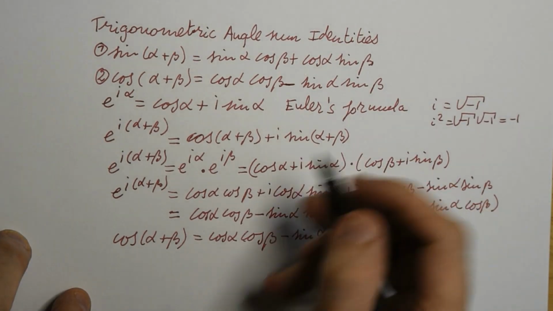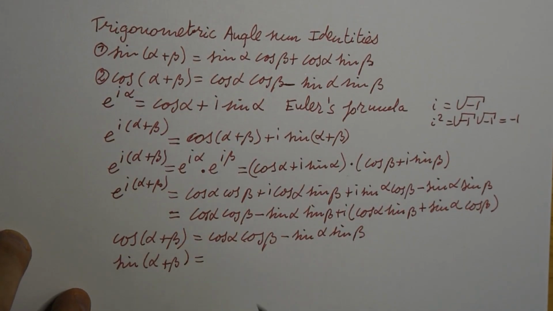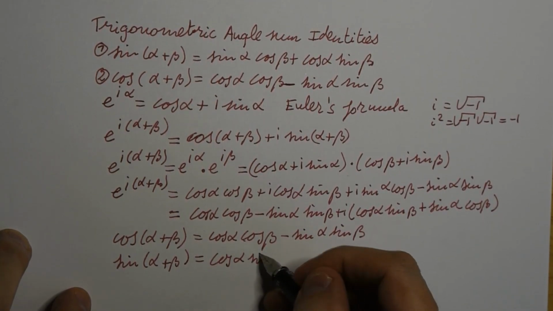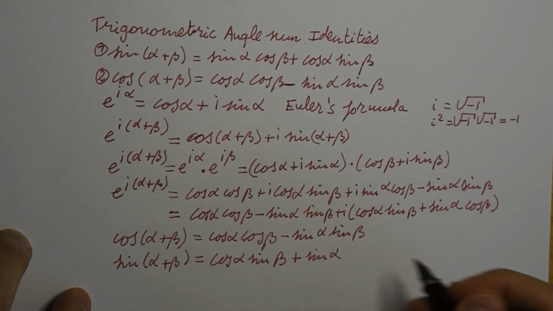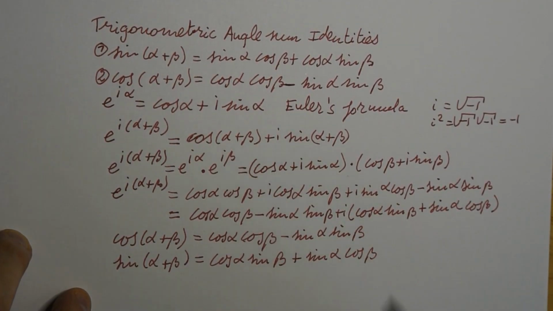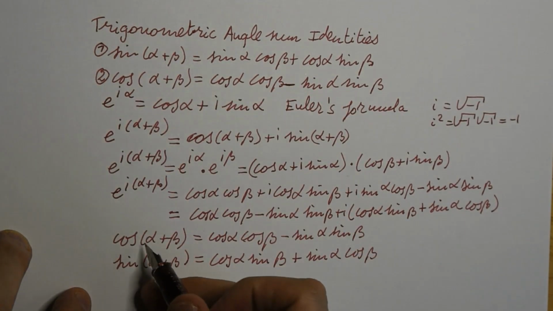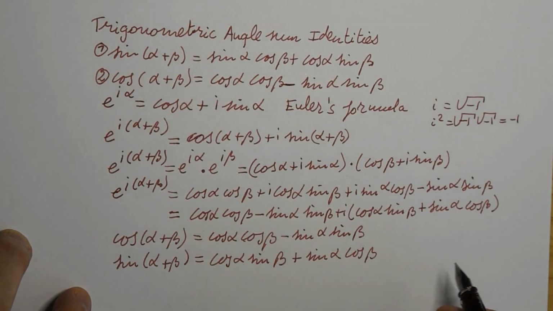And for the other one, sine(alpha plus beta) equals cosine alpha sine beta plus sine alpha cosine beta. And here you have them, right? Number 1 and number 2. This is number 1 and this is number 2, derived by simply using Euler's formula.